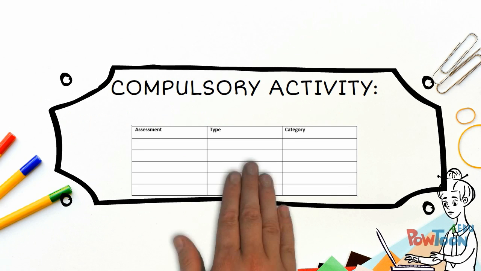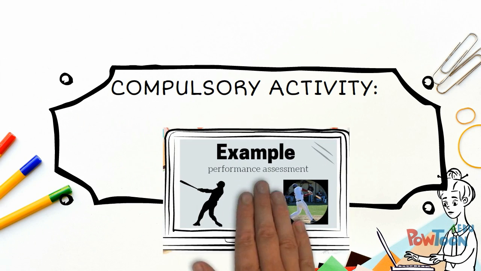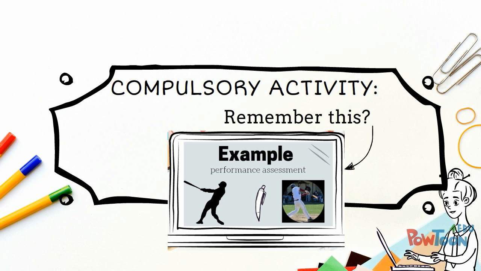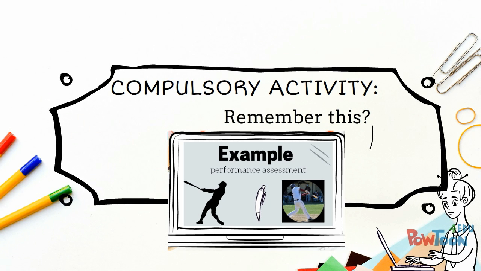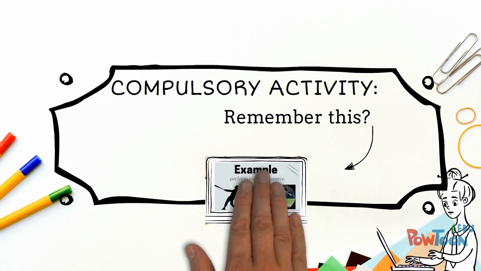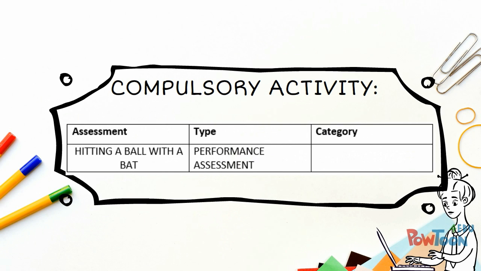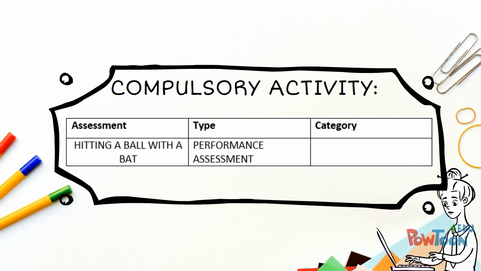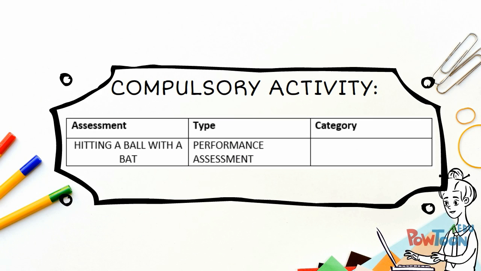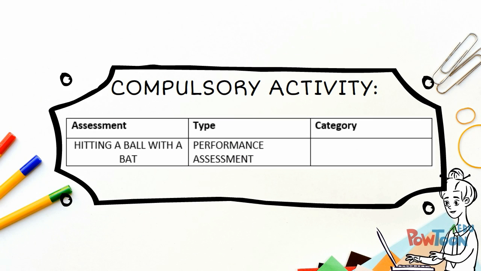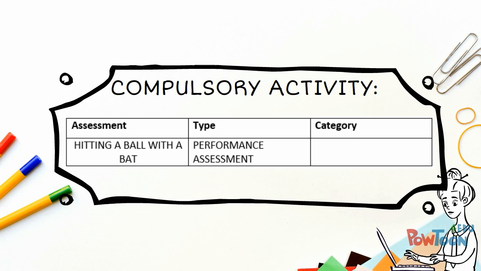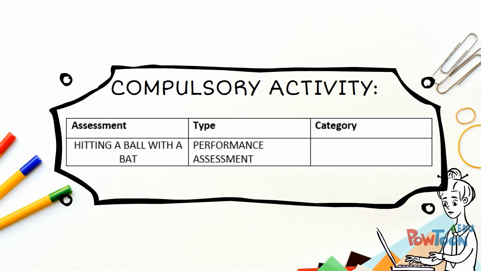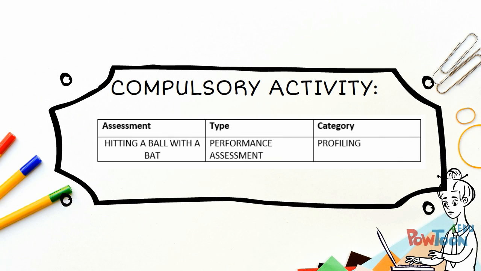Here is an example. Let's think back to this earlier scenario. When a student is being assessed on their ability to hit a ball with a bat, we can identify this type of assessment as a performance assessment. And if we assume that the teacher does not yet know the student's ability level, meaning he has never seen the student perform this task before, we can categorise this assessment as a profiling assessment.